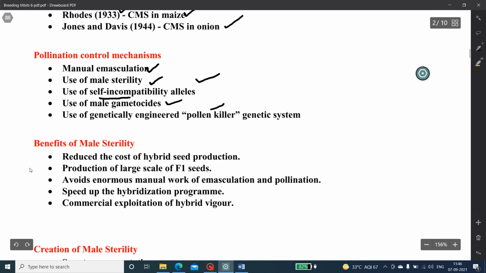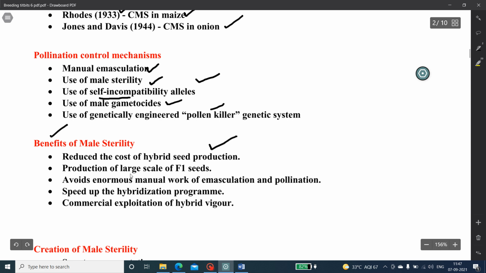If you talk about the benefits of male sterility, this will help in reducing the cost of hybrid cereal production because there is no manual labor involved in this type of male sterility. Hand emasculation and pollination in cotton involves a lot of labor and is more expensive compared to the male sterile line.